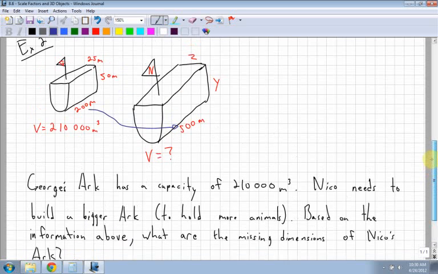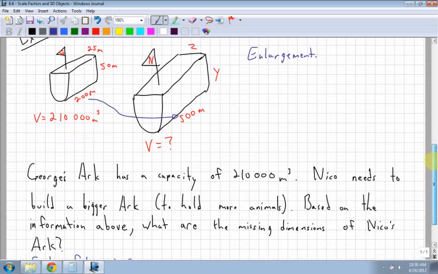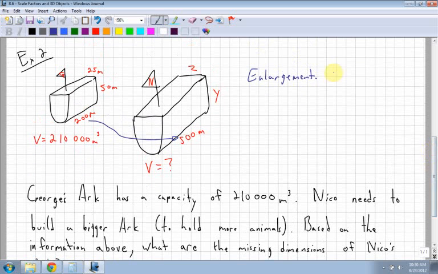Is it a reduction or an enlargement? It's an enlargement. Are we checking to see if they're similar or not? Not really, because we're saying they are similar since we're going to increase everything by the same amount. So we're going to try to find all the missing measurements. It's an enlargement by 2.5, my scale factor.